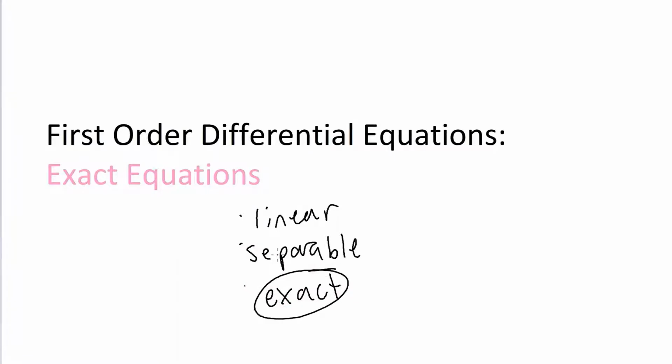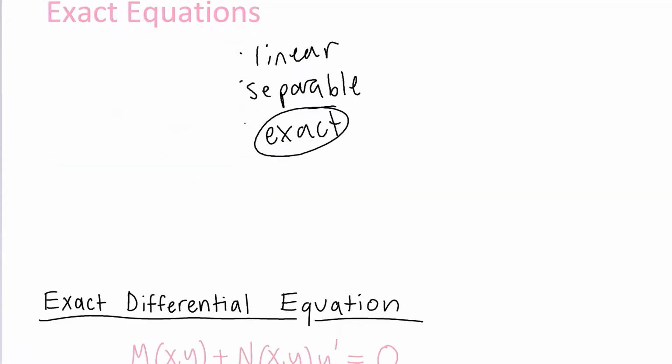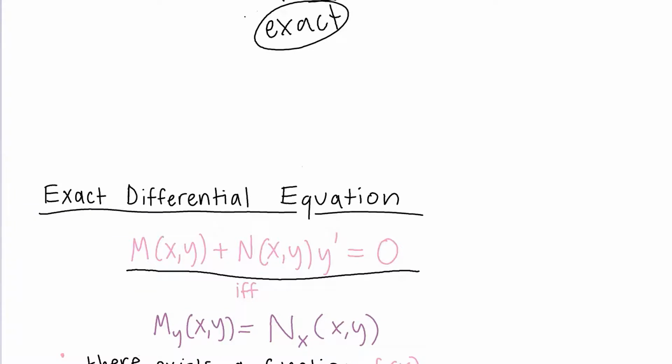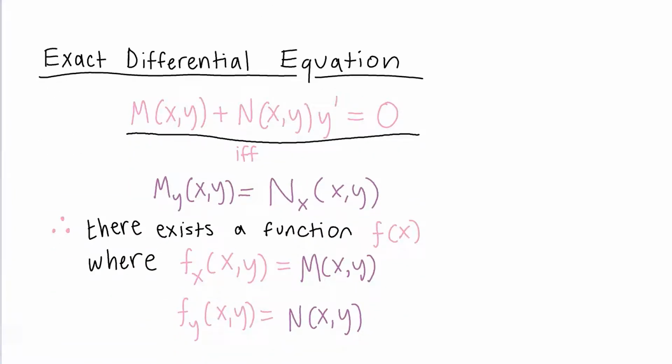So I'm going to go ahead and define what an exact equation is. Here I have my short definition. An exact differential equation is a differential equation in the form of M(x,y) plus N(x,y) times y prime, the first order derivative of y, equals 0.